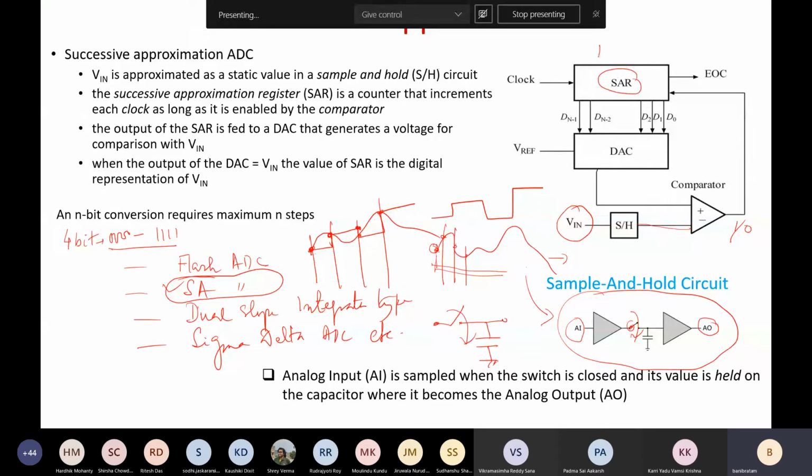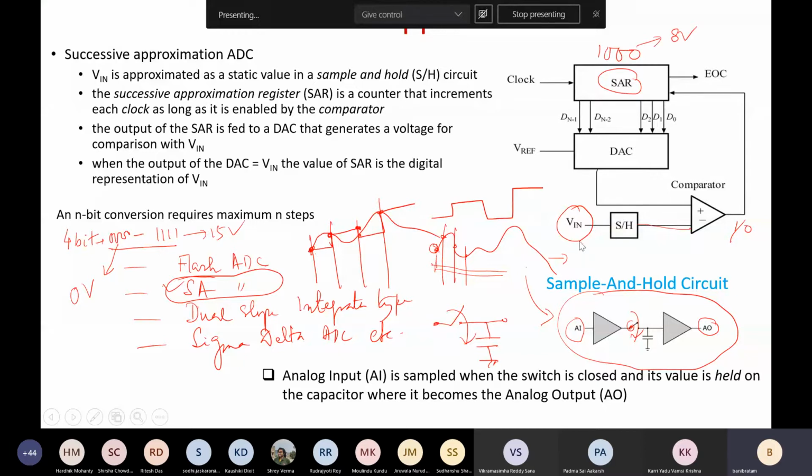It will start from the mid value. What is the middle value between 0000 and 1111? The middle value is 1000, right? Just for simplicity, if you consider 0000 corresponds to 0 volt and 1111 corresponds to 15 volt, then 1000 corresponds to how many volts? 8 volt, just for simplicity, right?